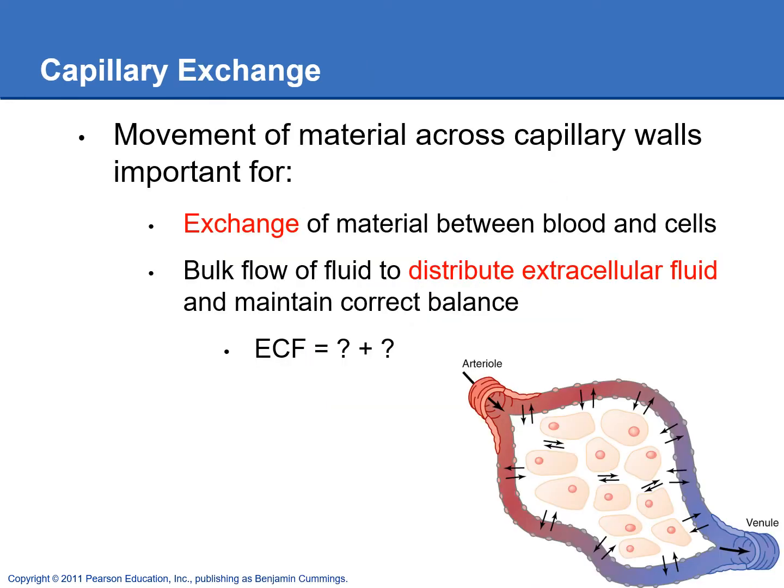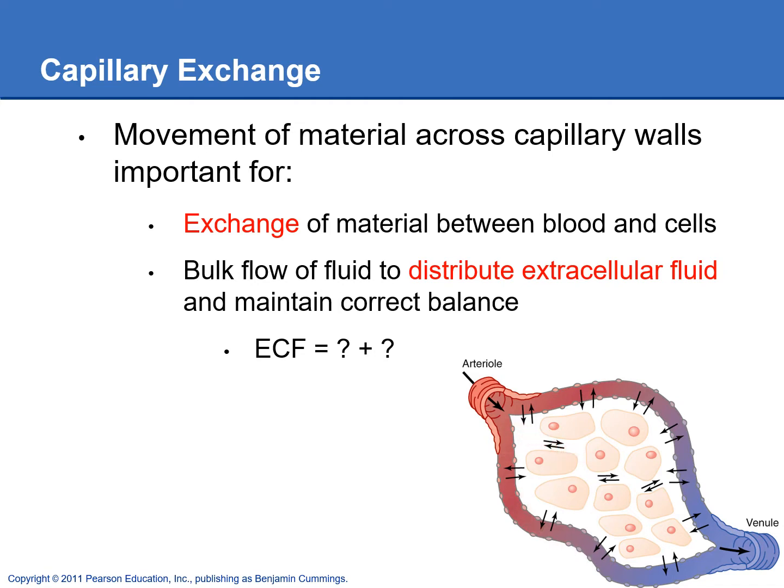Capillary exchange is important for two reasons. The first is that obviously it's necessary to exchange materials between the blood and the cells. And the second reason it's important is that it allows you to distribute the extracellular fluid between the different compartments. So remember, the extracellular fluid is made up of the plasma, which is the fluid part of the blood, and then the interstitial fluid.